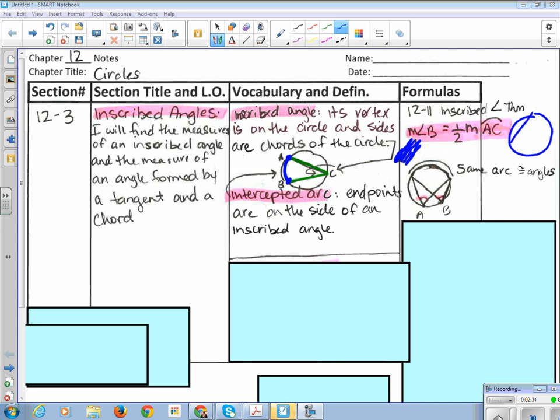So if I have this point is B right here where my vertex is at B, point A and C are on the circle. So the measure of angle B right here is 1/2 the arc measure.